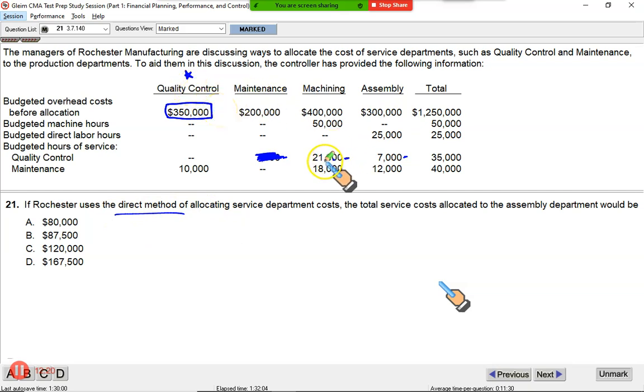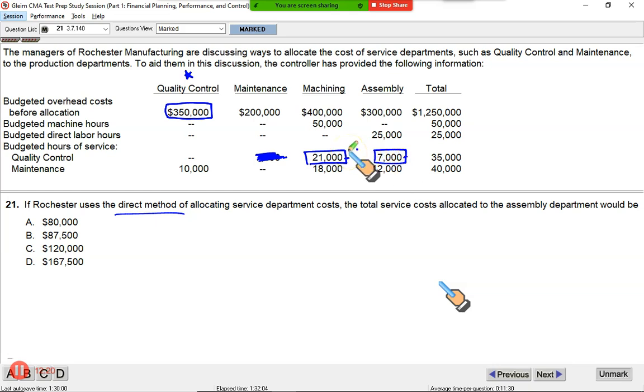So which means we are going to use this base, 21,000 and 7,000. What is this basically? 21,000 of quality control hours are spent in machining, and 7,000 of quality control hours are spent in assembly. So if you convert these 21 and 7,000 into percentages, I'm sure you know how to do it. 21 plus 7, 28.